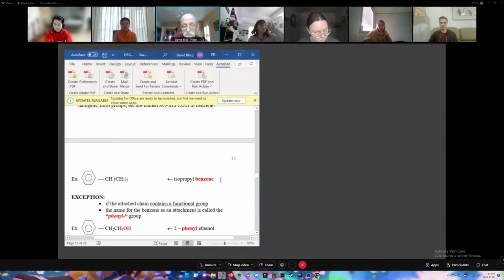There it is in red. Now, here's the catch. If you have a functional group, a higher priority group on this attachment, that becomes the parent immediately. In organic chemistry, whoever has the most important stuff is the parent chain. And that happens here as well.